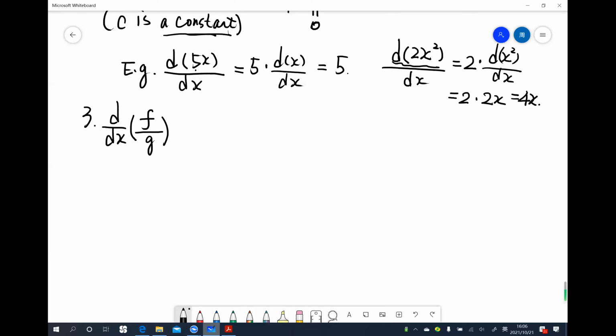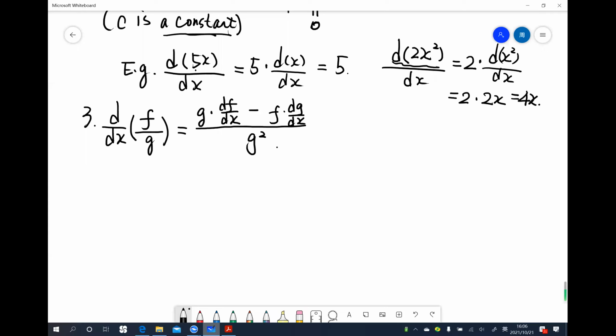That equals g times df/dx minus f times dg/dx, over g squared.